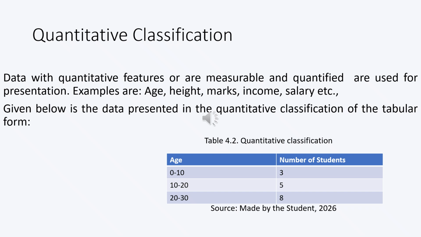We can see in table 4.2 the data as per the age and the number of students. Age 0 to 10, number of students is 3. Age 10 to 20, number of students is 5. Age 20 to 30, number of students is 8.